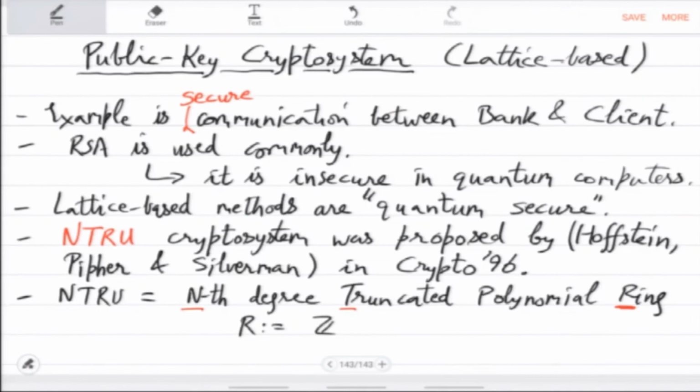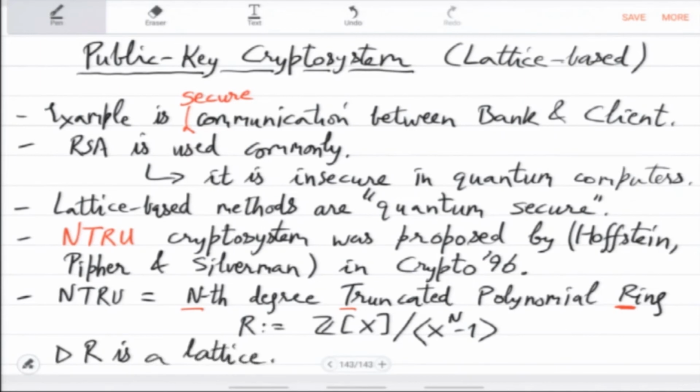It is just the integral polynomial ring mod out x by x to the n minus 1. Okay, so this is a lattice. It's an n-dimensional lattice, and all the computations will happen here.